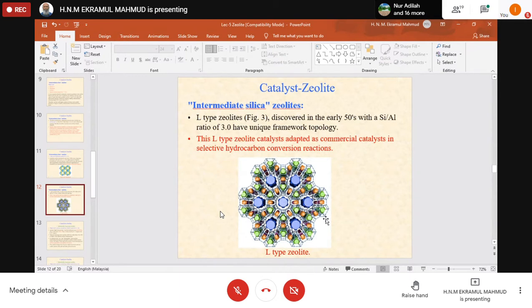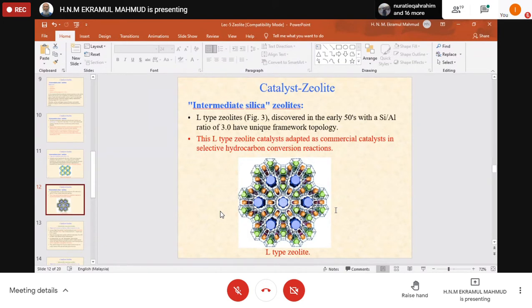This L-type, large type, we can say that, or I'm not sure, L may be coming from large. I have to check, I'm not very sure, but L type, we know that this is a type of zeolite. So these L-type zeolite catalysts adapted as commercial catalysts in selective hydrocarbon conversion reaction.